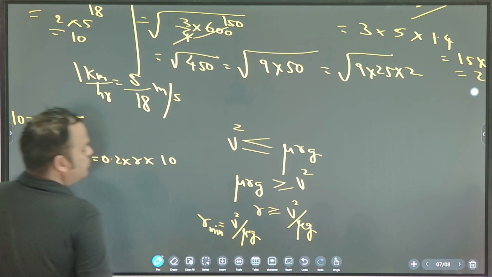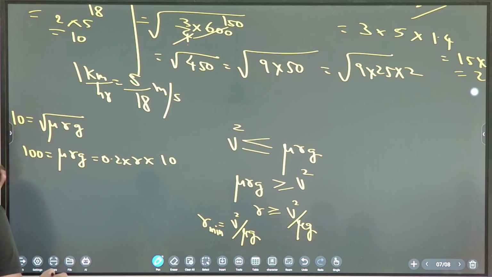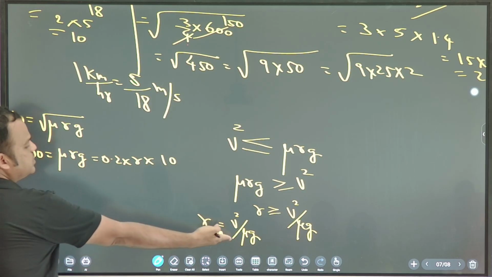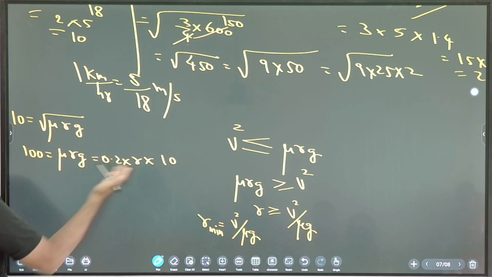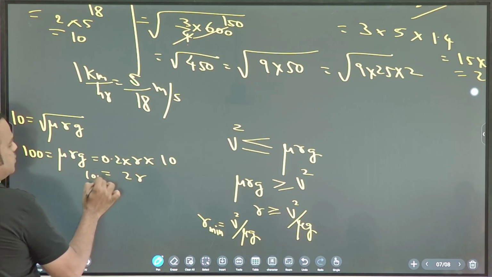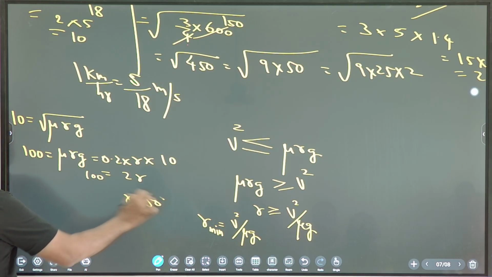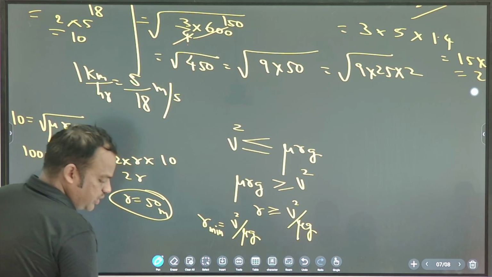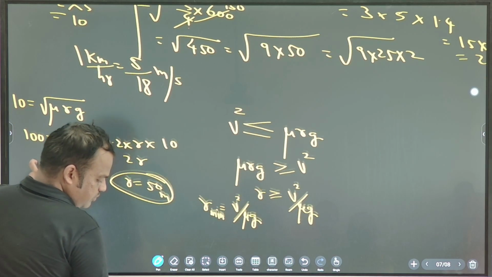V square by mu g, correct? So R is equal to 50 meter. Okay, 100 by 2, 50 meter.